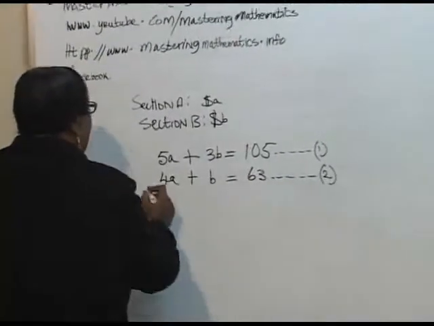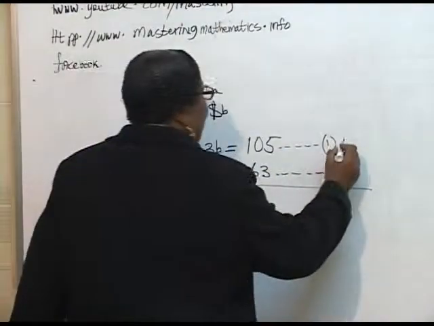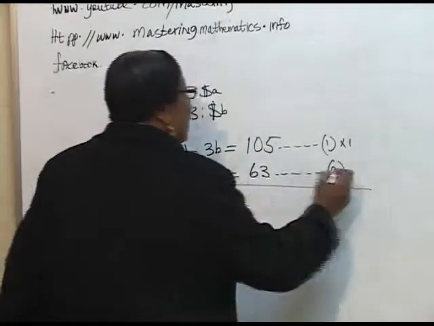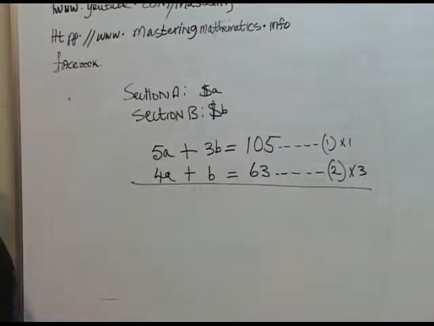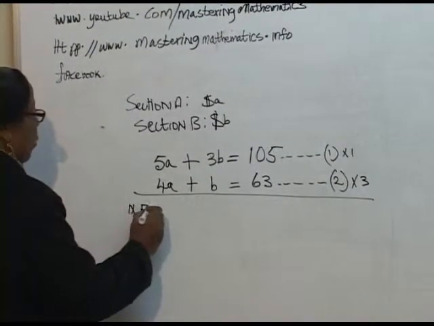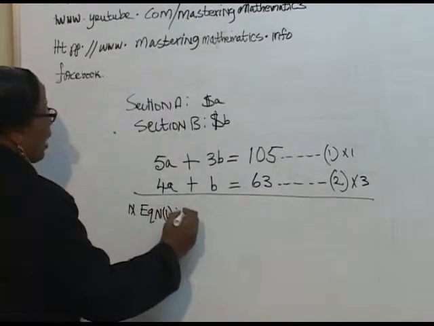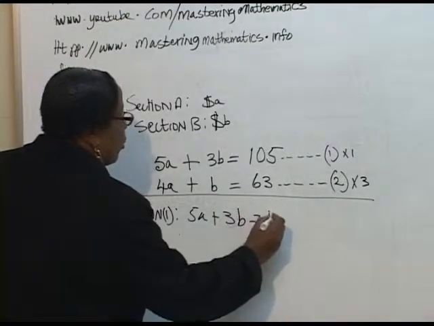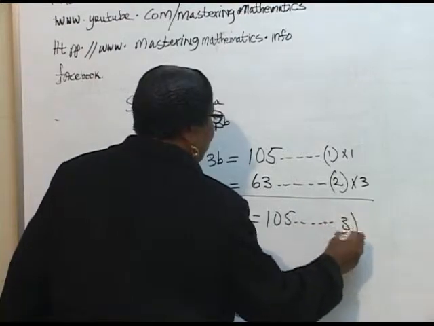Now, because the coefficients of the B's look so small, we're going to say multiply equation 1 by 1 because the B coefficient is just 1, and equation 2 by 3 because the coefficient in the first line is just 3. So we would just be writing 1 times equation 1, and 1 times anything will give us back the same, which is equal to 105. Okay, and this is now our new equation 3.